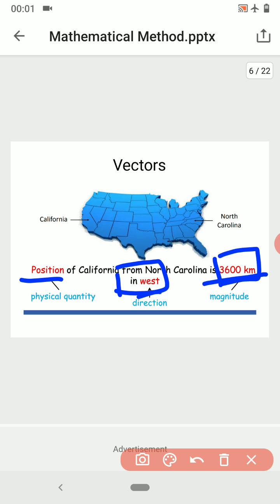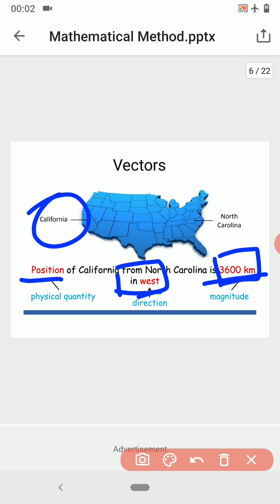If you go 3600 kilometer west of North Carolina, you will reach California. But if you go east of North Carolina, then you will reach another country.